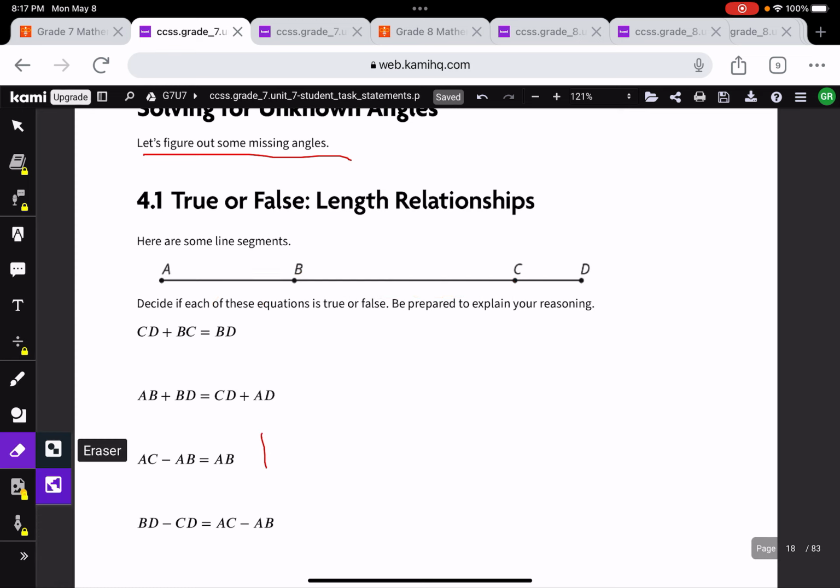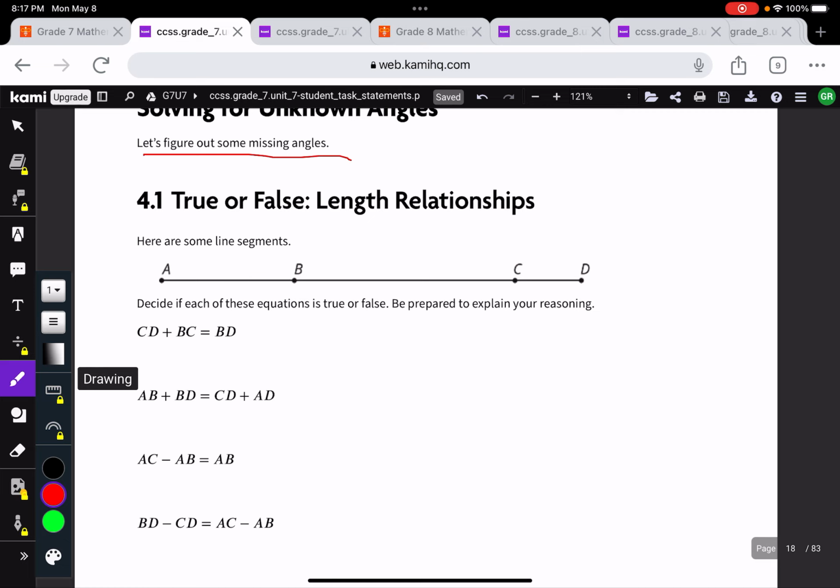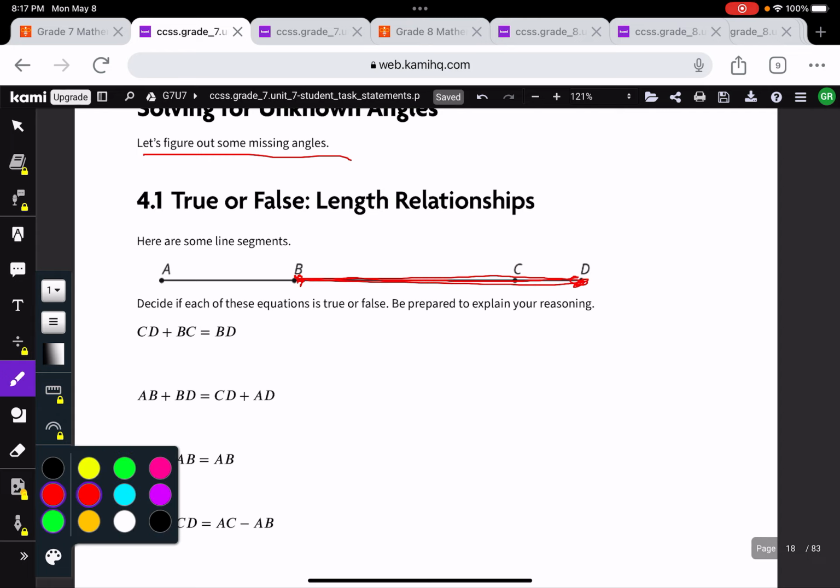And what do you guys think about the last one? Go ahead and try BD minus CD. Is that going to be equal to AC minus AB? True or false? It's one of those. BD, there's that, minus CD, minus that.